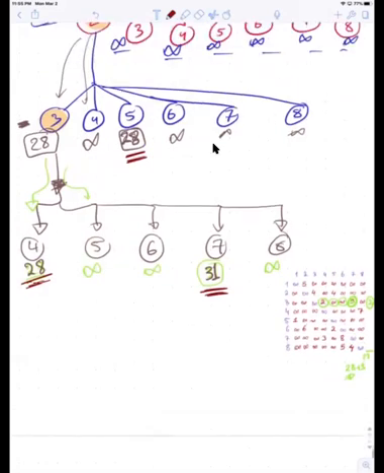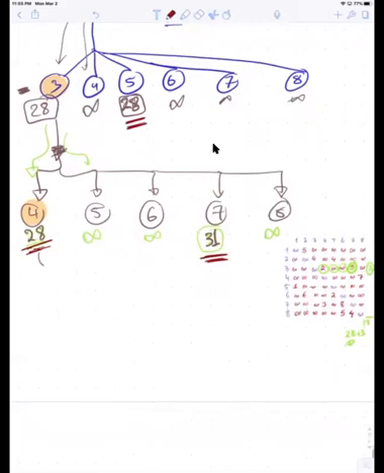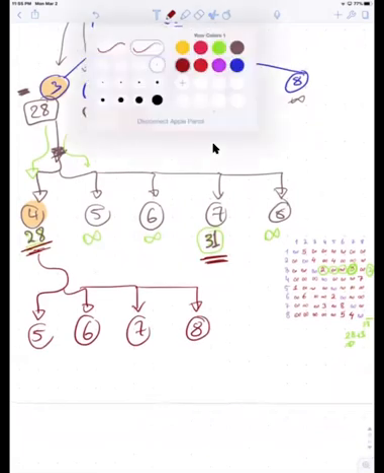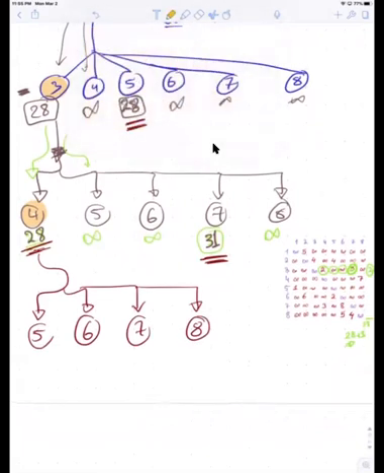Now, if I have already visited node 4, I will go for the rest, which is 5, 6, 7, and 8. Now I have to calculate the distance between 4 and 5.